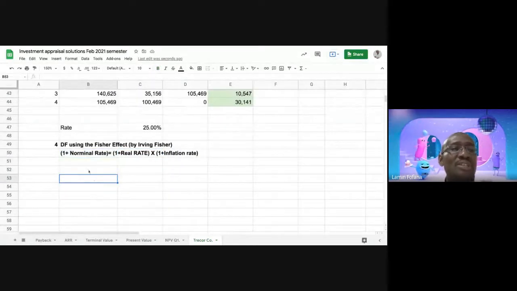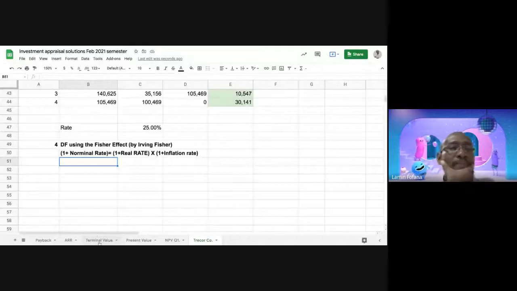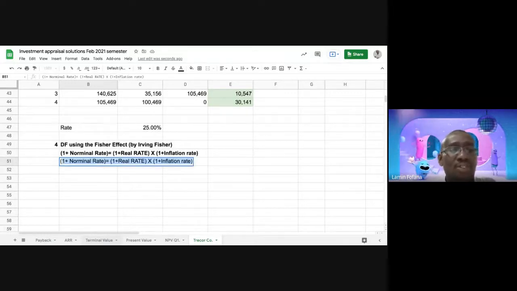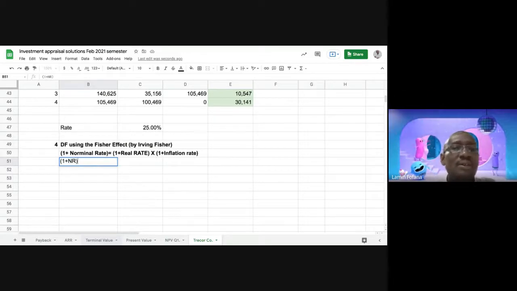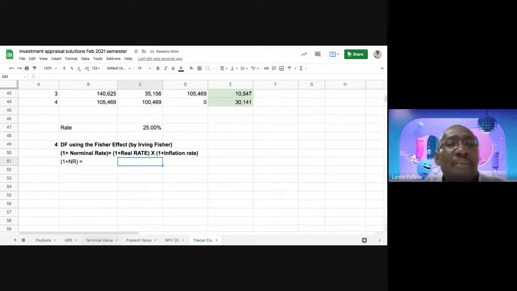We have not got the nominal rate yet, have we? So we're going to say 1 plus NR, which I'll abbreviate. This is equal to 1 plus real rate. Our real rate has been given in the question, 5.7%.